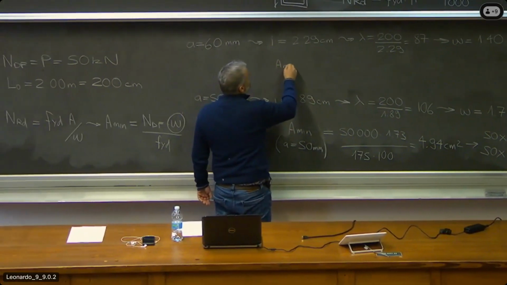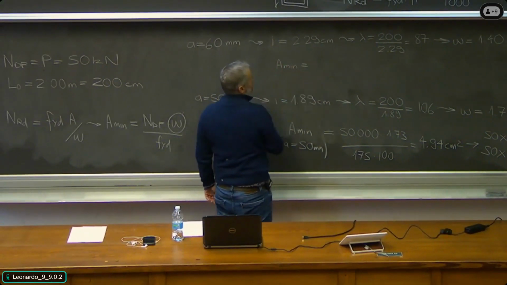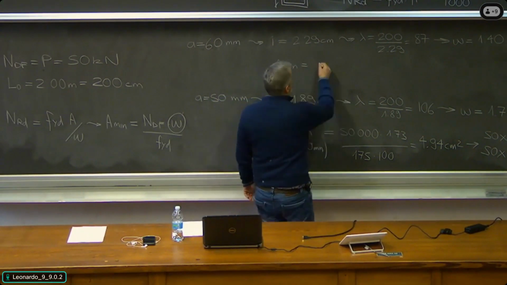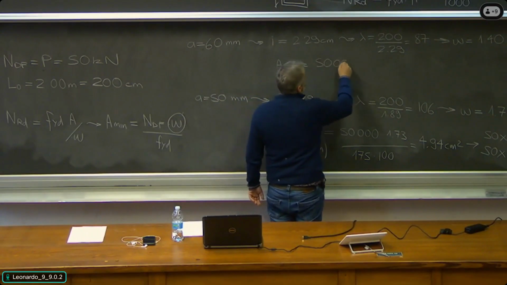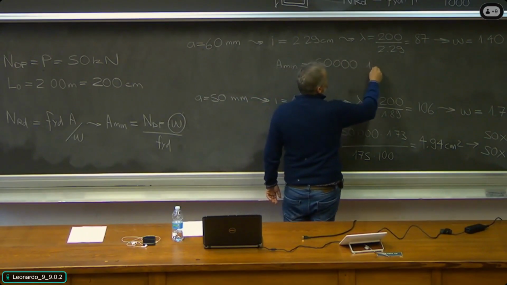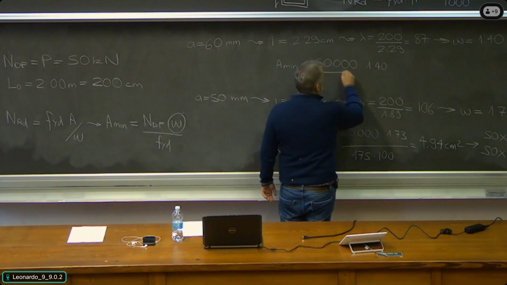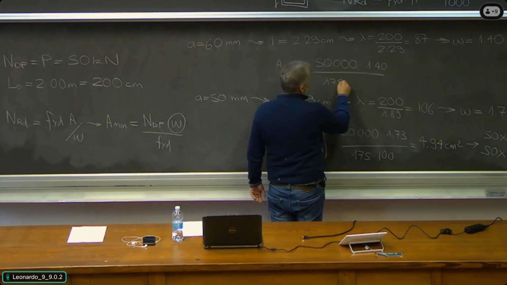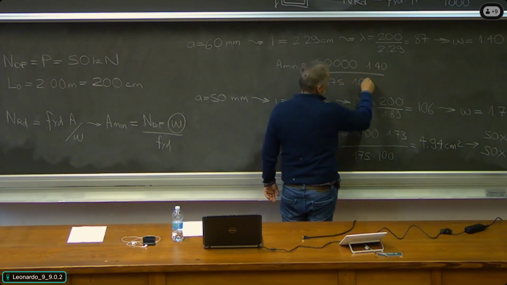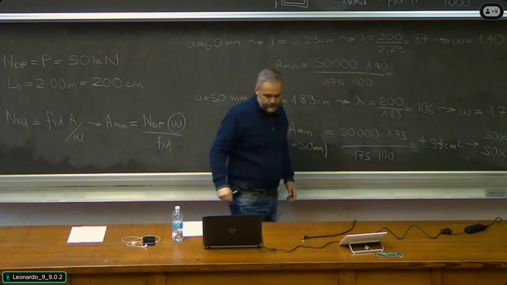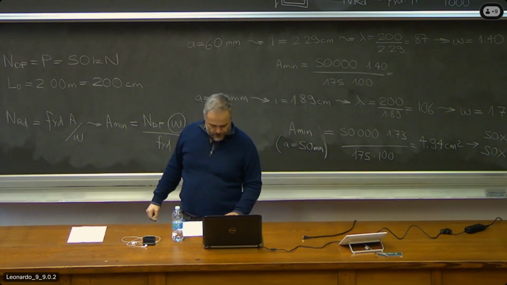The minimum area in this group of sections is 50,000 times 140 divided by 175 times 100 for having square centimeters. Calculation.